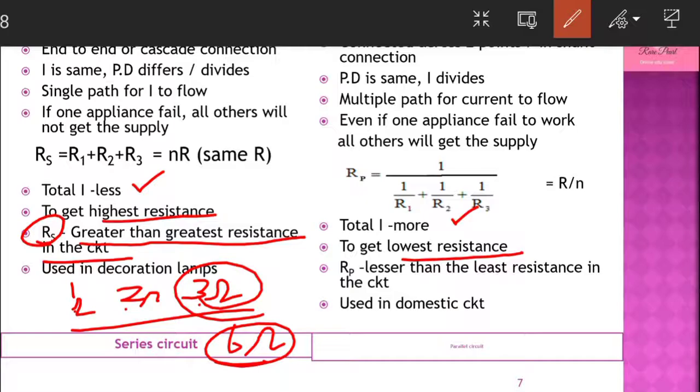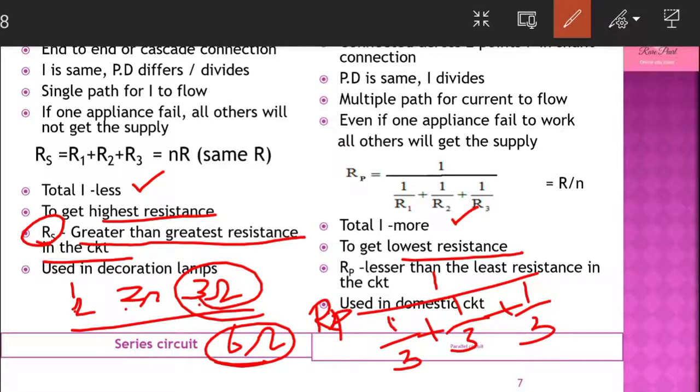In the same way, for the parallel connection, suppose we have three 3 ohm resistors connected in parallel. Rp is equal to 1 divided by (1/3 plus 1/3 plus 1/3).